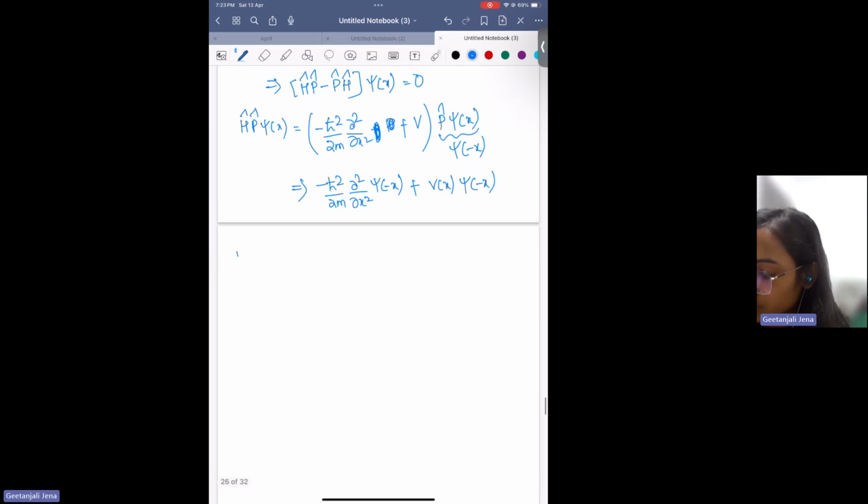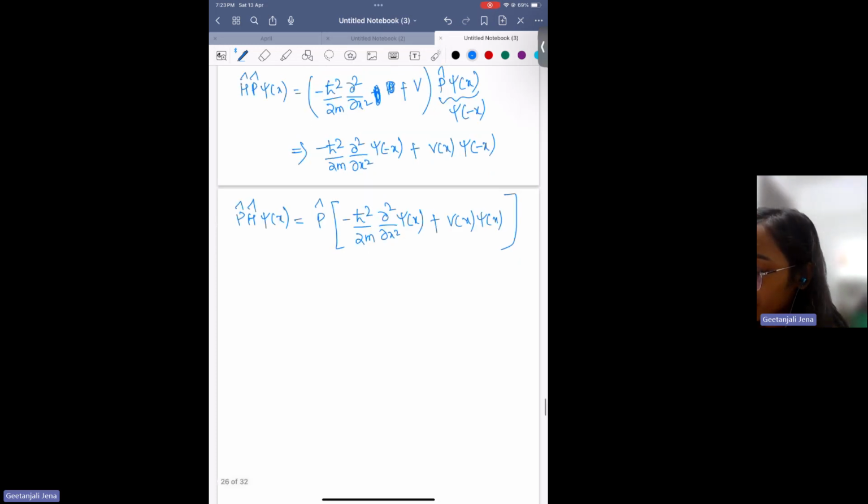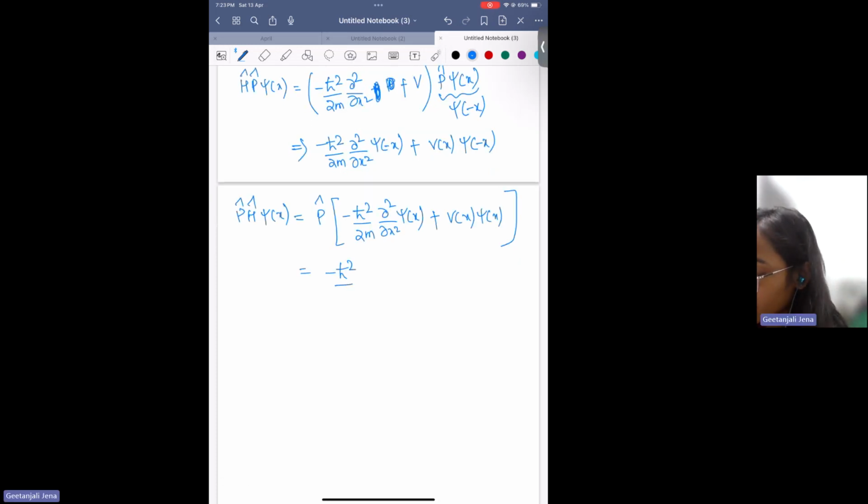For PH, first the Hamiltonian will act, then the parity operator. So you will get minus h cut squared by 2m del squared by del x squared psi of x plus V of x psi of x. Now when the P operator acts, del squared by del x squared stays the same, psi of x becomes psi of minus x, and this will be V of minus x and psi of minus x.